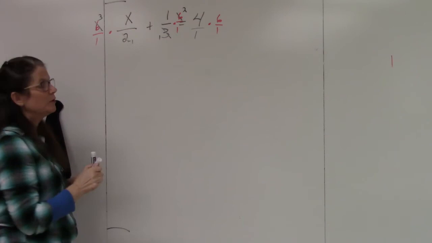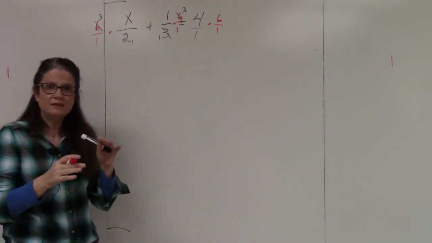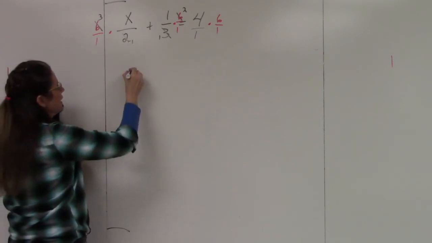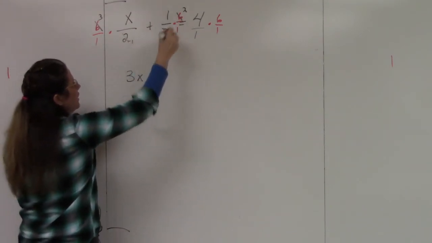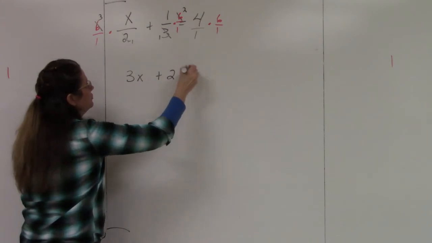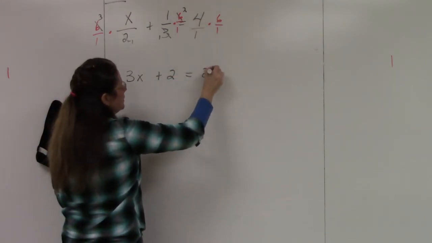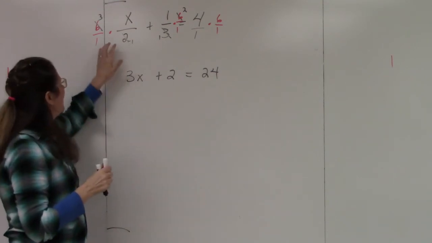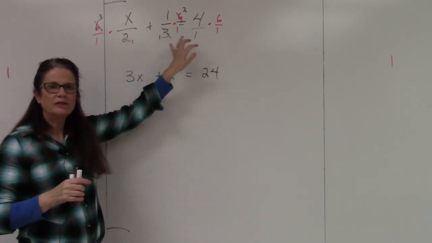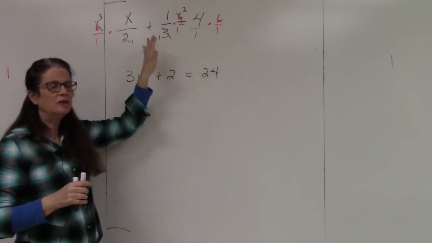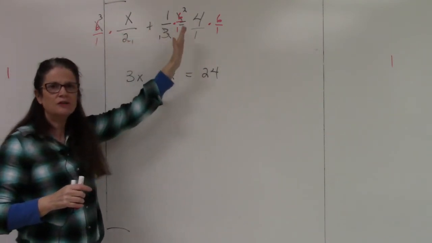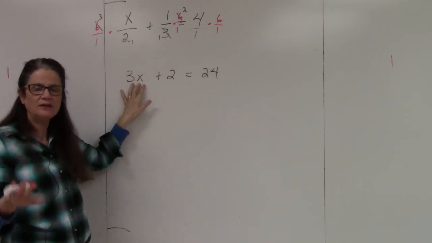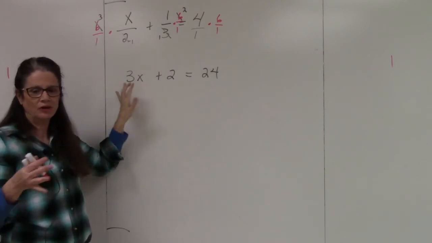So I just divided, and now I'm going to multiply. 3 times x is 3x, 1 times 2 is 2, and 4 times 6 is 24. Again, to reiterate, I find one number that all the denominators will go into, and I multiply every single term by that one number. Once I do that, I have a straight two-step equation, and this is very easy to solve.